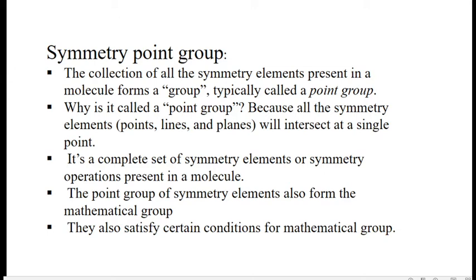And that is why it is called the point group of the molecule. It's a complete set of the symmetry elements or symmetry operations present in a molecule. Here the symmetry elements of the point group also form a mathematical group, since they need to satisfy certain conditions for a mathematical group.